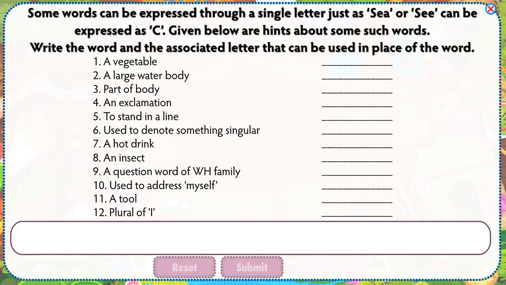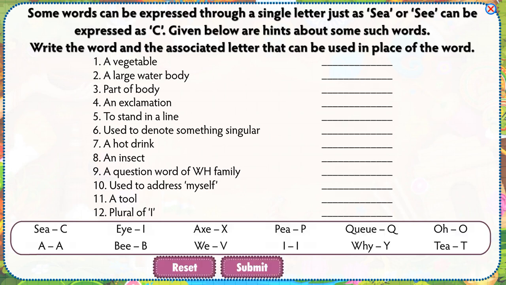Some words can be expressed through a single letter, just as "sea" or "see" can be expressed as C. Given below are hints about some such words. Write the word and the associated letter that can be used in place of the word.